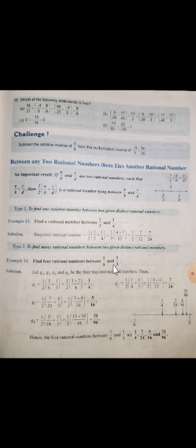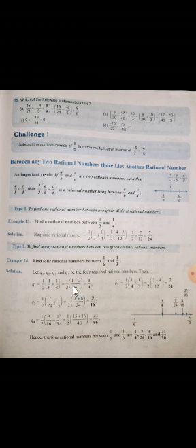So 1 by 6 and 1 by 3, these are the two rational numbers, and in between we have to insert 4 rational numbers. So what we have to do: 1 by 6 plus 1 by 3 into half. If we add 1 by 6 and 1 by 3, it will come 1 plus 2 divided by 6, so ultimately 3 by 6. 3 by 6 means it will be half.